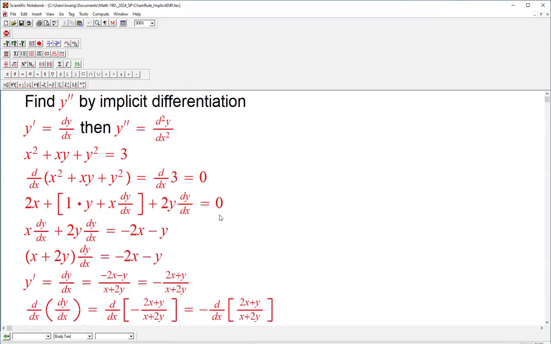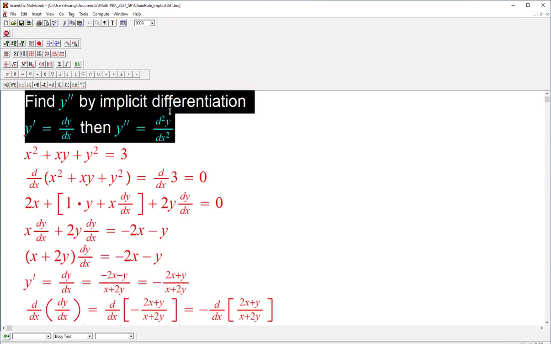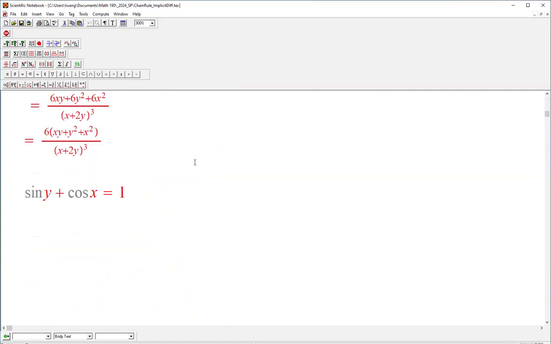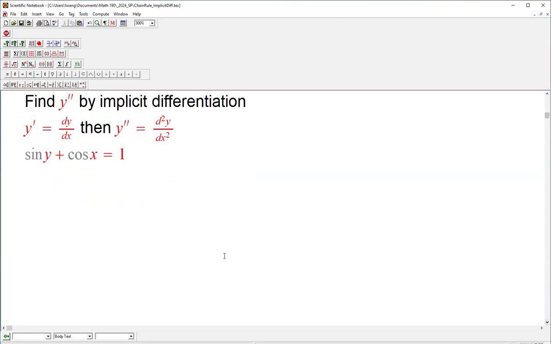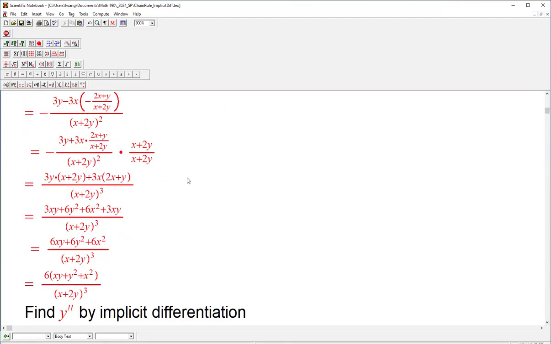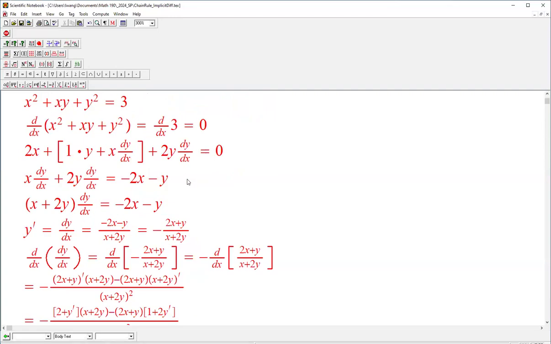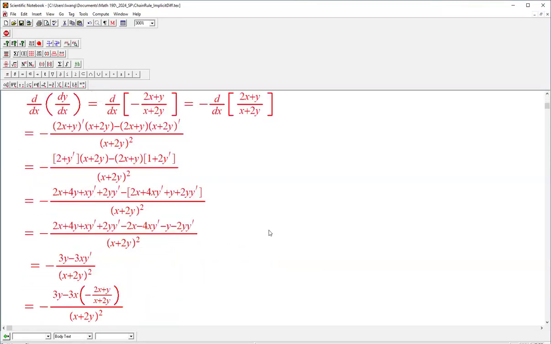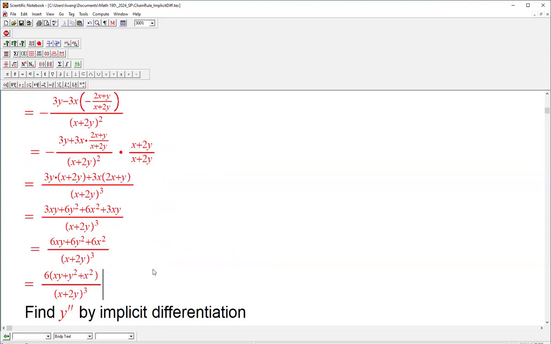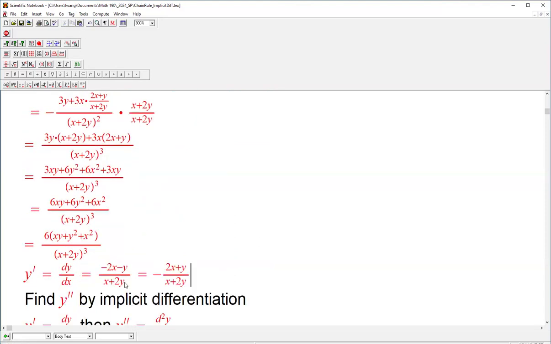And of course, our target is to find these two. Okay, first order derivative and the second order derivative. Okay, so we just did that. You know what? I think I should summarize it. Okay, the first order derivative, I'm going to give you an explicit answer.